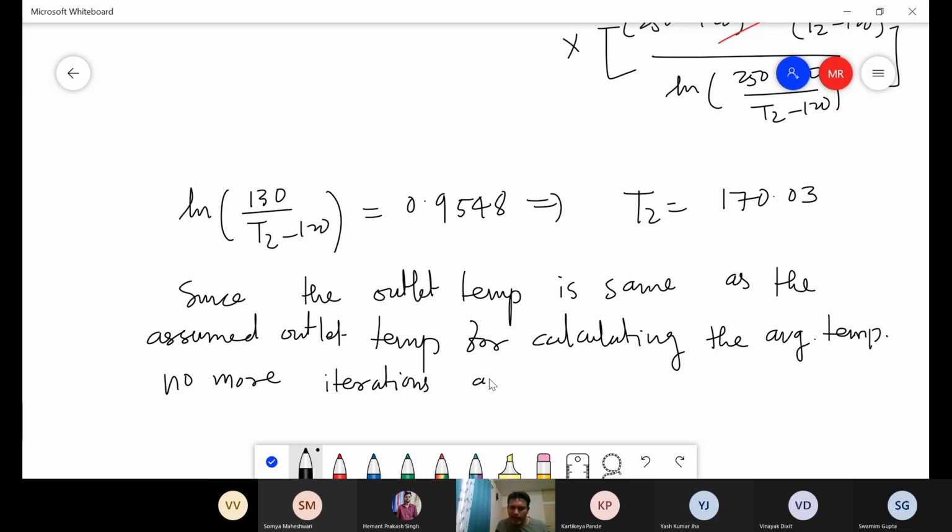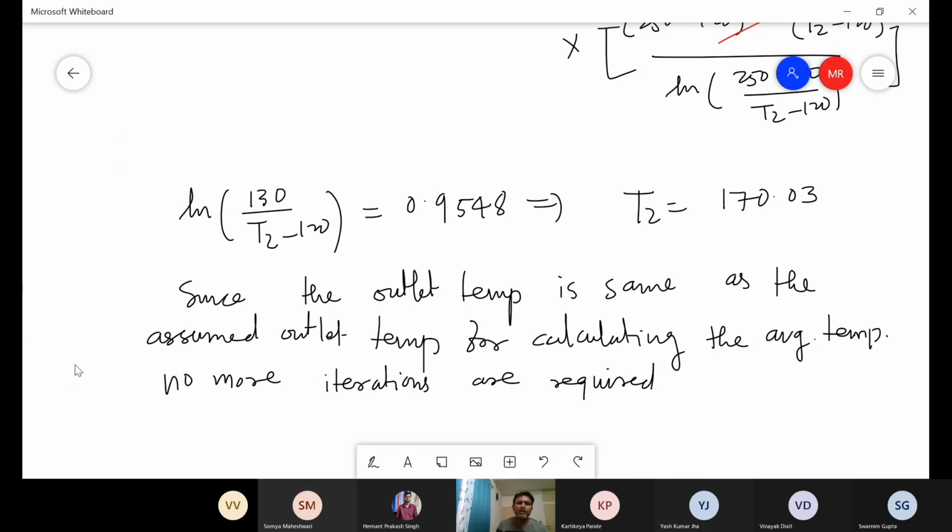Okay. So clearly this is the outlet temperature.